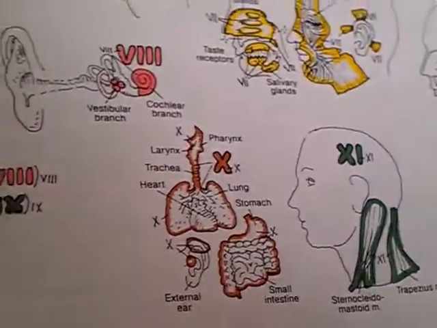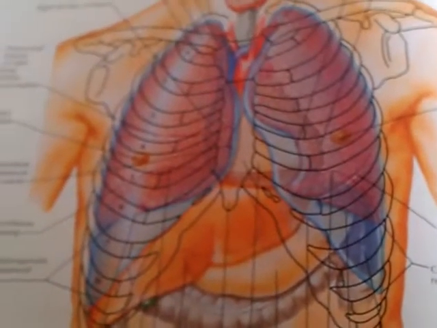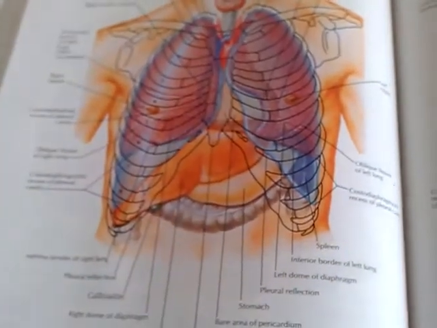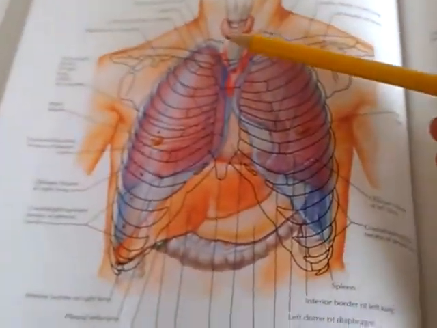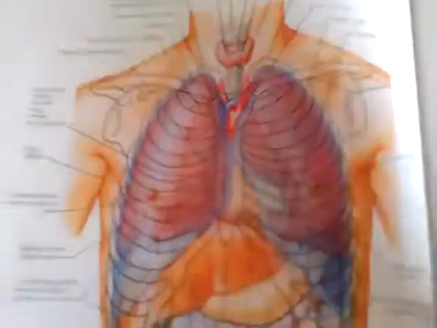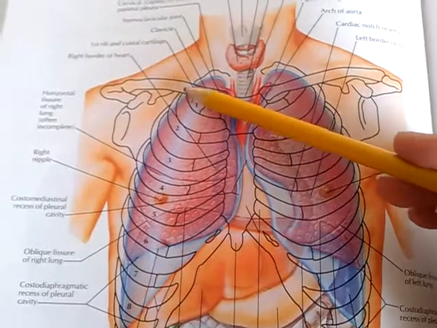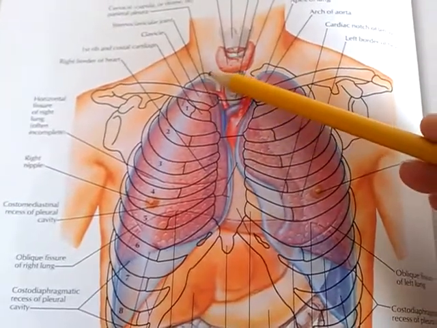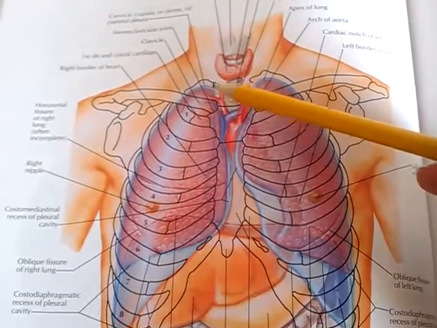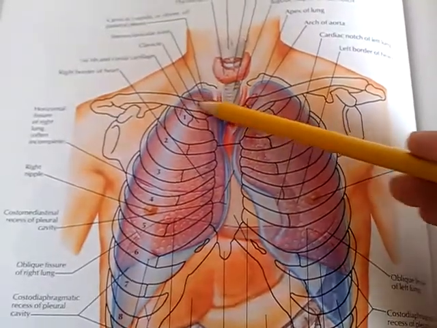And now lastly about the lungs, you have the projection on the skeleton. The apex extends about 4 to 5 centimeters above the anterior end of the first rib, or 2 centimeters above the clavicle.